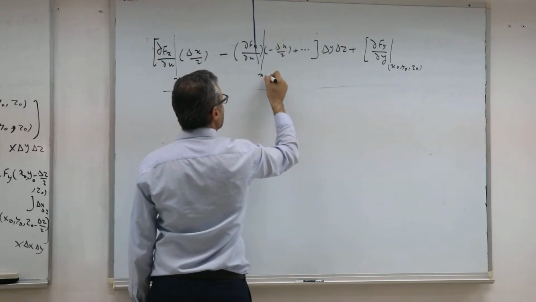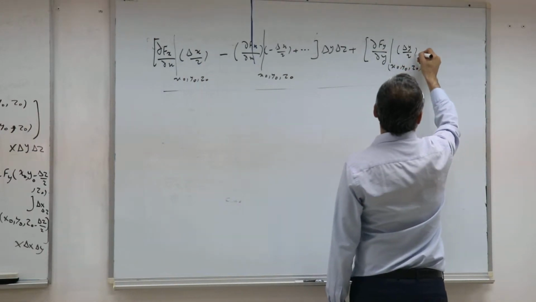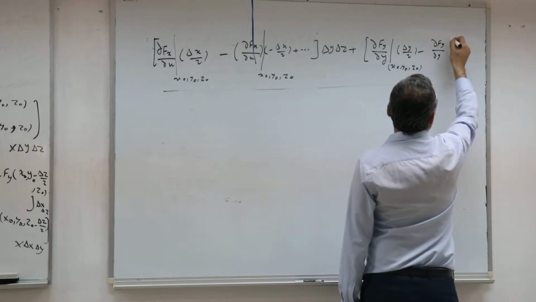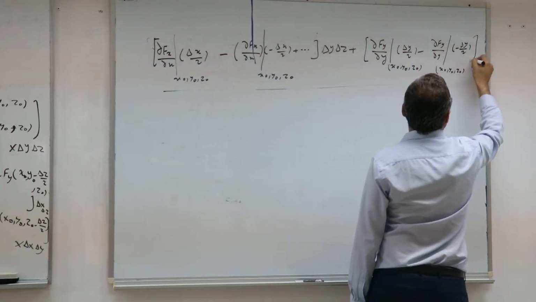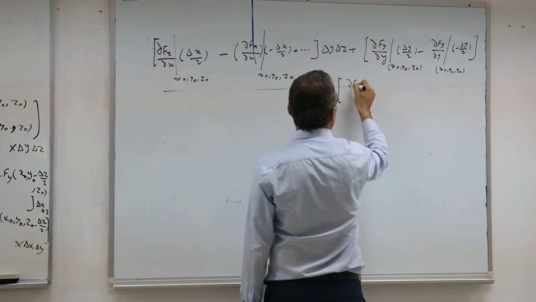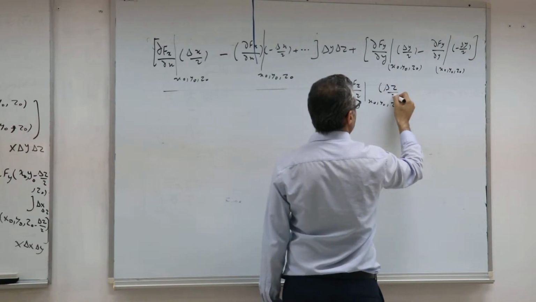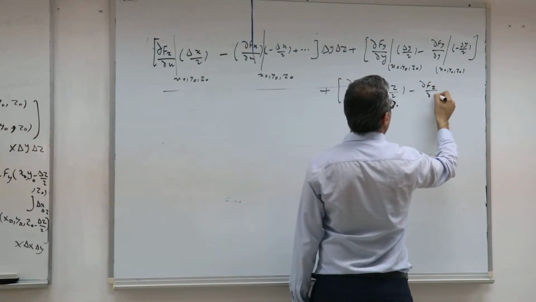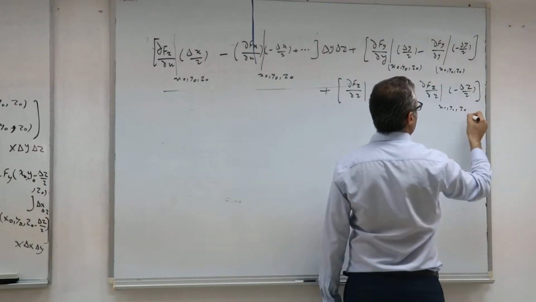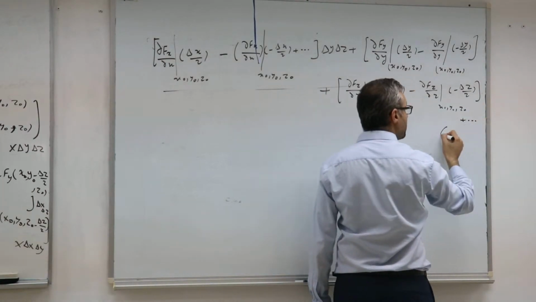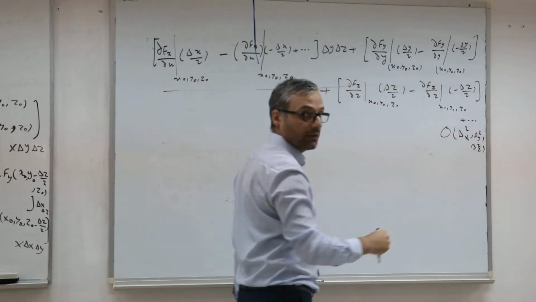This is a Taylor series. Of course, you have terms with delta x squared, delta y squared, and delta z squared, but you can forget about that.